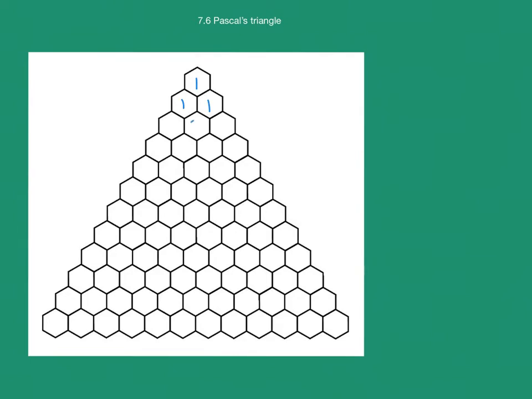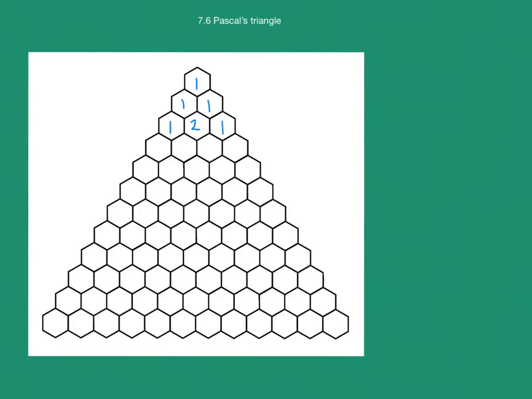So the next one down here, I'm going to write a 2 because we have a 1 here and a 1 here, and 1 plus 1 is 2. Whereas this one beside it only has a 1 because above it there is only the number 1 and nothing here. So that's going to be a 1 on this side as well.